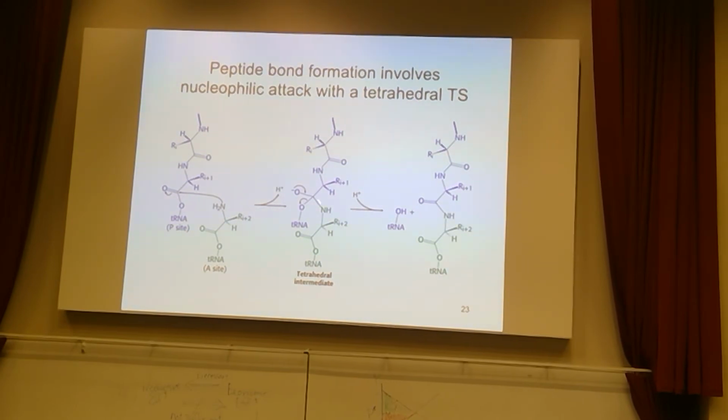We collapse down from the tetrahedral intermediate, and here's our leaving group, the tRNA itself, and now we form this new amide bond, and we've grown that polypeptide chain by one amino acid, and the entire time it remains conjugated onto a tRNA species. We never let go of the polypeptide chain. It's always just hanging out on the tRNA.